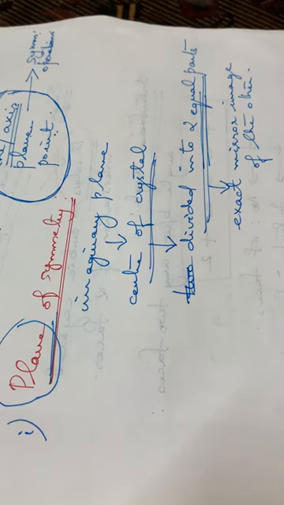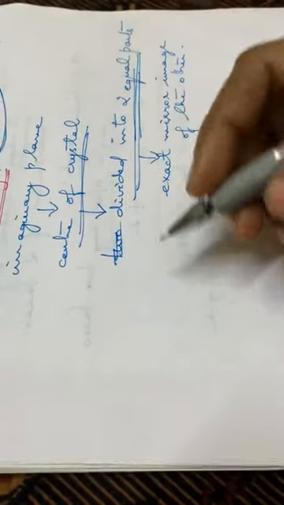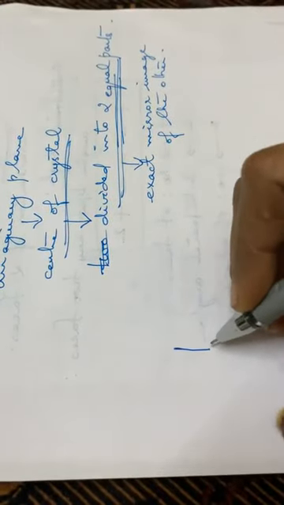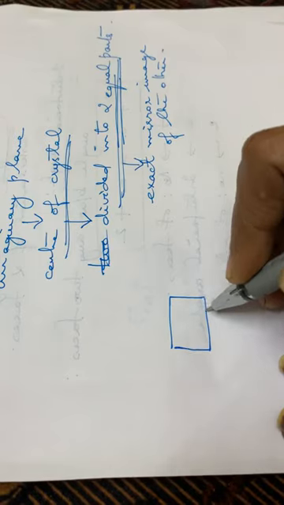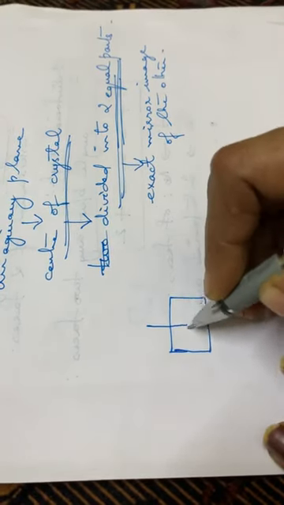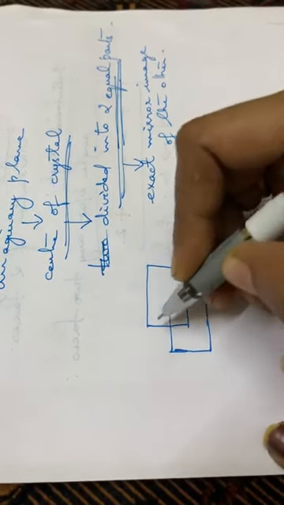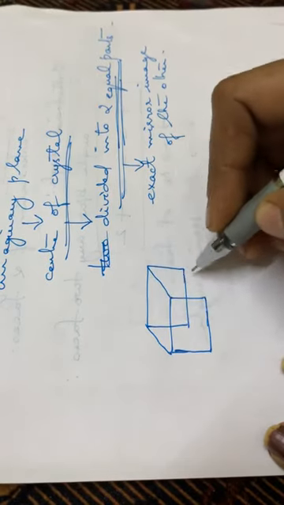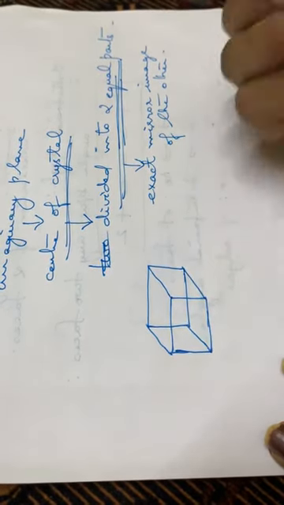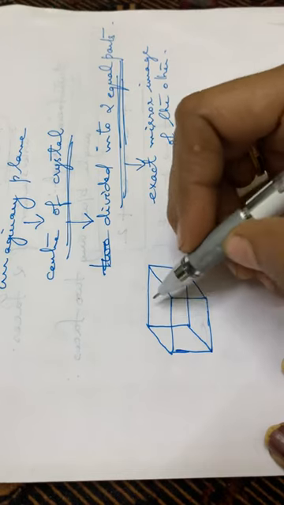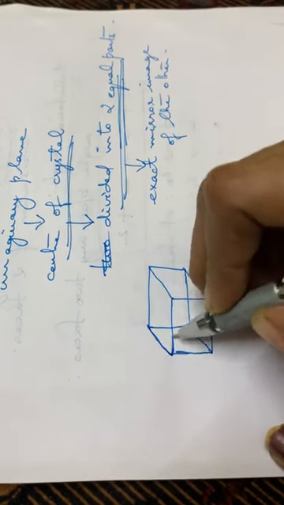I will show you this diagram for the plane of symmetry. For that you have to draw a cube. I am not good at drawing, so please excuse me. Consider this as a cube. This is the first face I am taking.